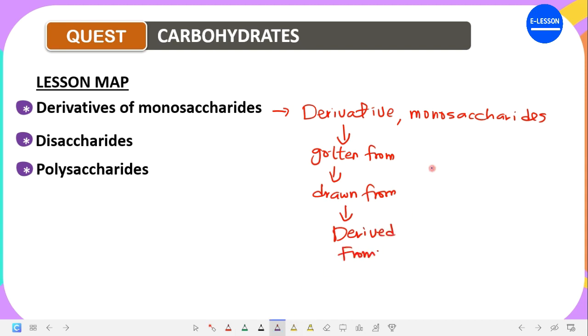So if we want to link this with what we have here, gotten from, drawn from, or derived from, we can now say that the derivatives of monosaccharide are those compounds, or the families of compounds, that are gotten from monosaccharide. Maybe by oxidation, maybe by removing one or two things. Are we getting it?